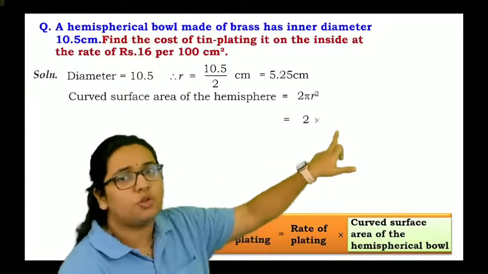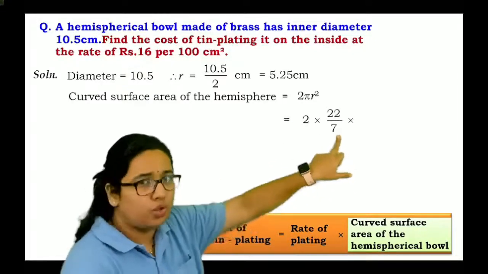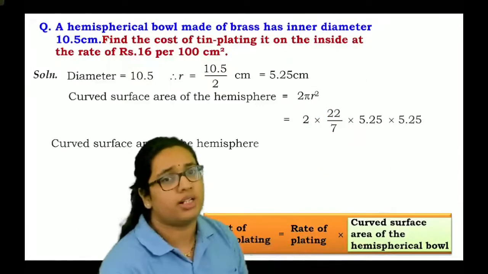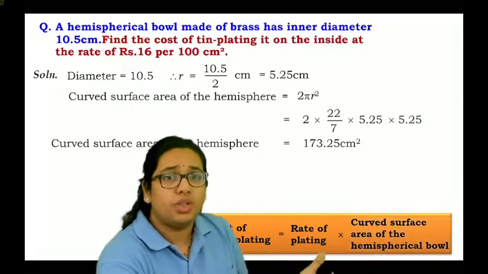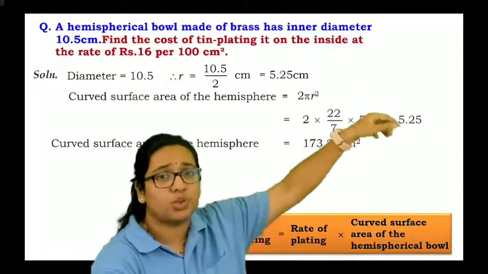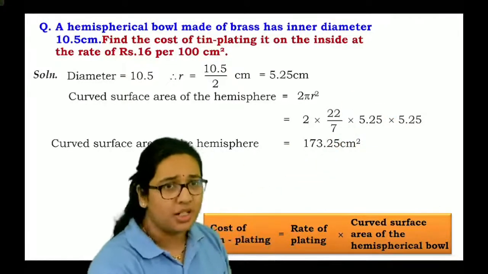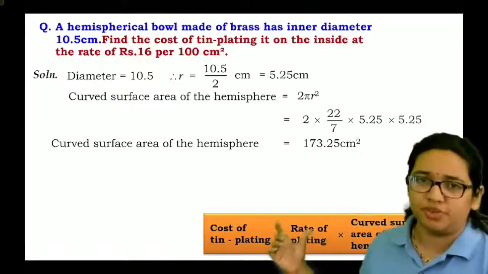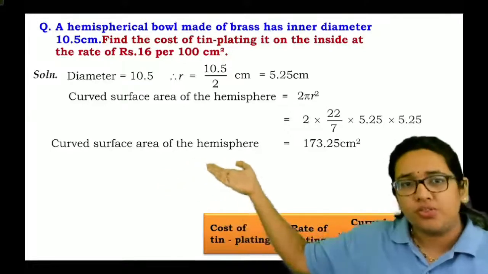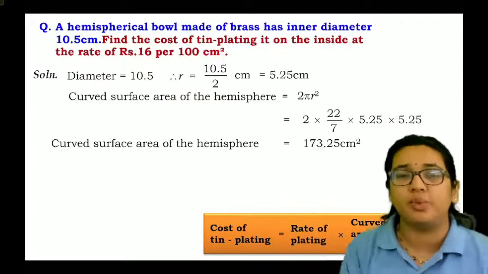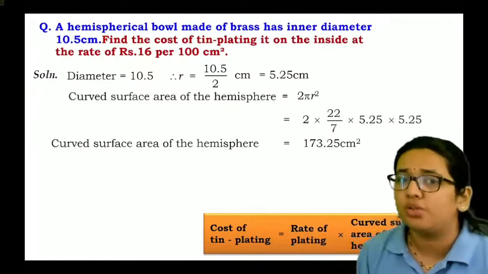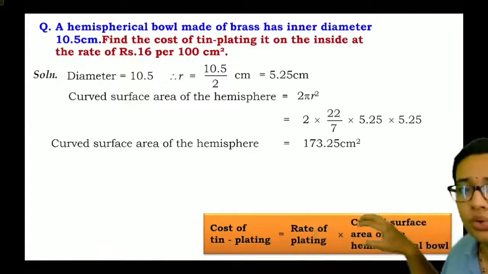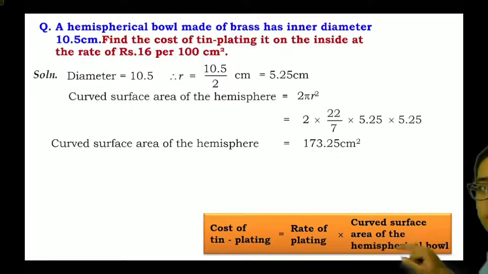So 2 into pi will be 22 upon 7, and r square is 5.25 into 5.25, which we had calculated, right. So the curved surface area of a hemisphere will be 173.25 centimeter square. Now you have the value of the curved surface area.